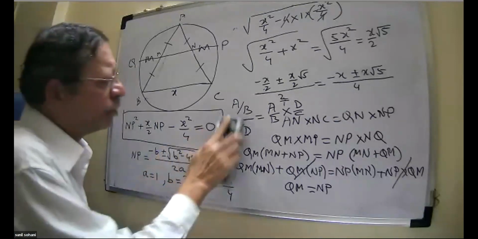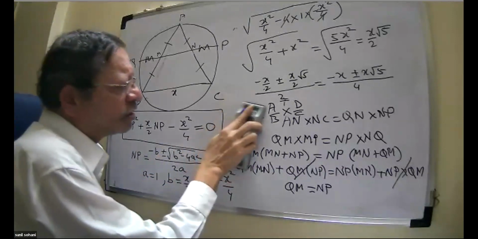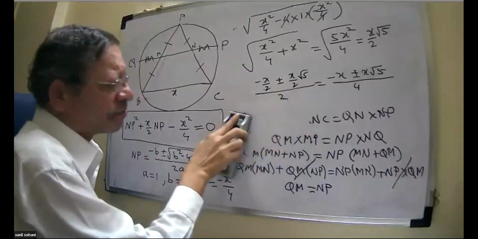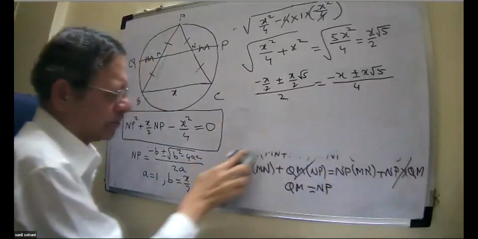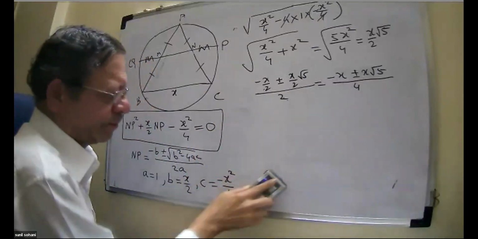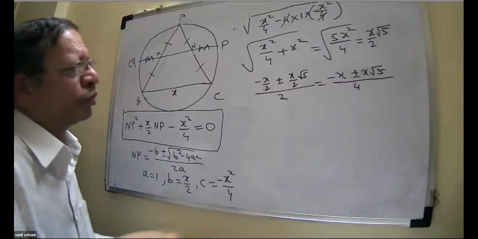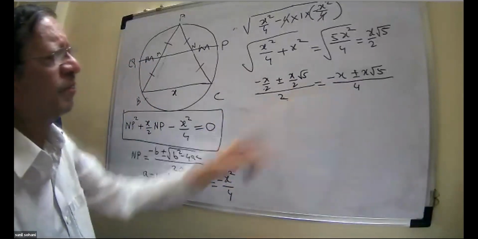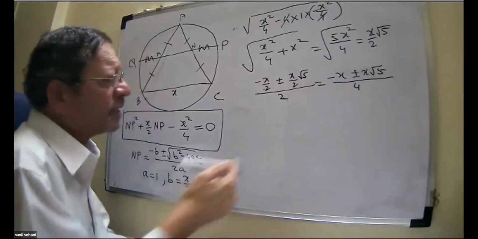Now let me clear, because I still need space to complete this quadratic equation. So I have landed over here. There can be two parts to the answer.